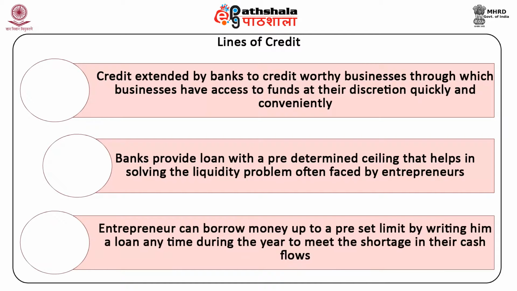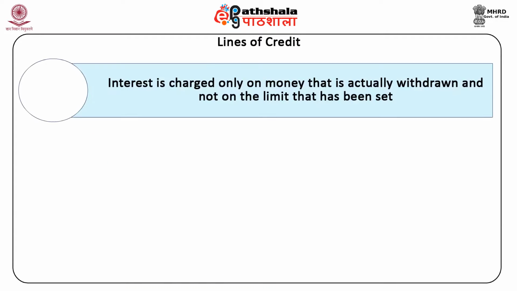The entrepreneur can borrow money up to a preset limit by drawing a loan anytime during the year to meet the shortage in cash flows. The interest is charged only on money that is actually withdrawn and not on the limit that has been set.